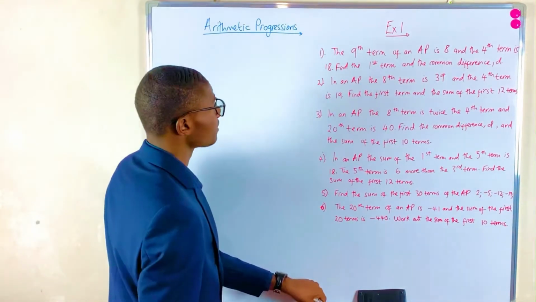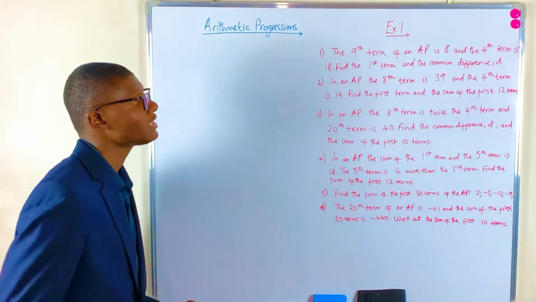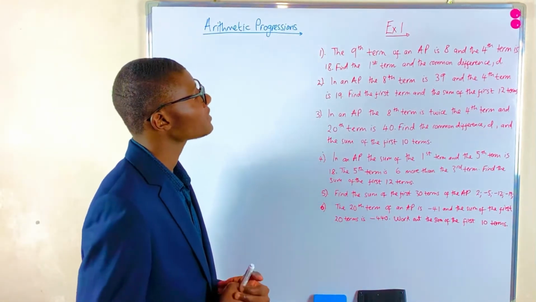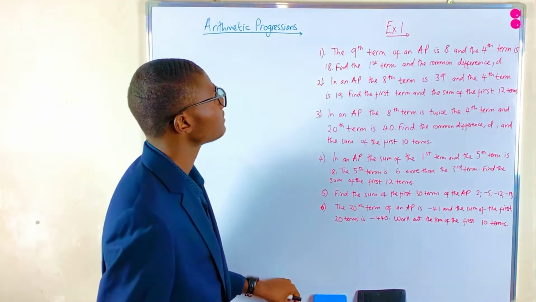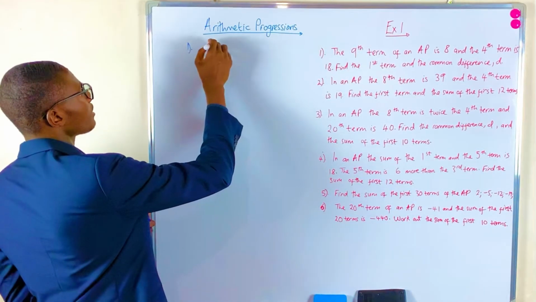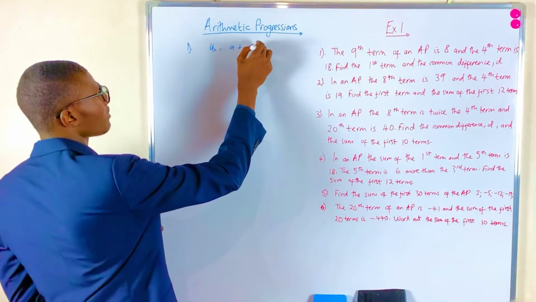For number one, it says the 9th term of an AP is 9, and the 4th term is 18. Find the first term and the common difference. What did we say? The nth term of an AP, u n, is equal to a plus n minus 1 times d.